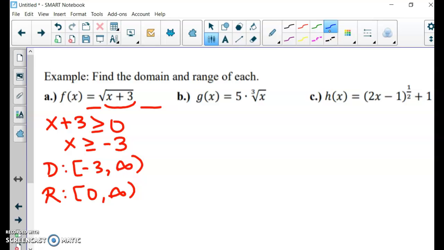This one is a cube root. Are there any restrictions on odd roots? Can you take the odd root, the cube root, of negative numbers and 0 and positive numbers? The answer is you can take the odd root of any number. So for this one, since it's the cube root, the domain is all real numbers. Your range, let's think: the cube root of -8 is -2.